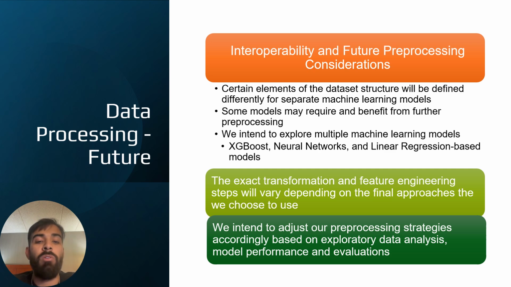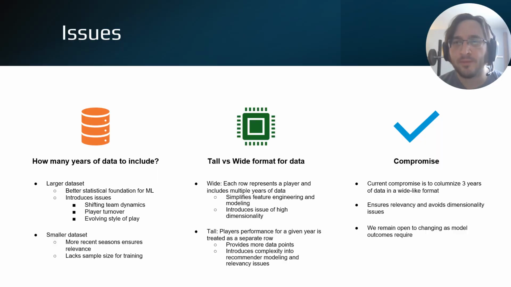Some of these models may require and benefit from further pre-processing, such as feature selection and engineering and collinearity reduction, because if a quarterback throws more passes, then he will also throw for more yards. These kind of go hand in hand. And then we intend to explore multiple machine learning models, and we're currently planning to use XGBoost, a neural network, and linear-based regression models.